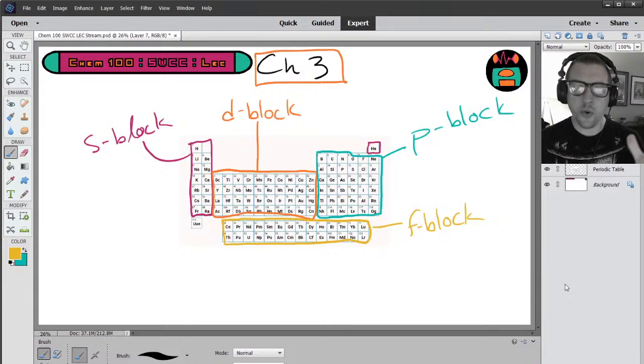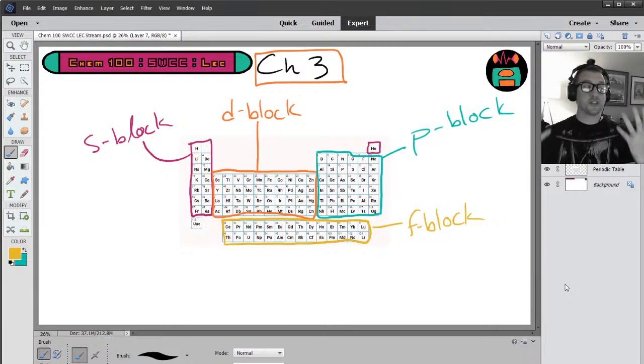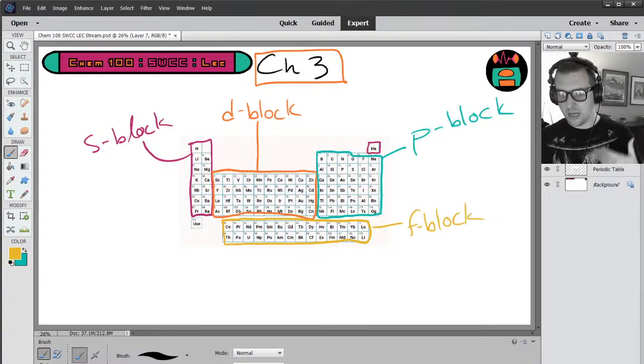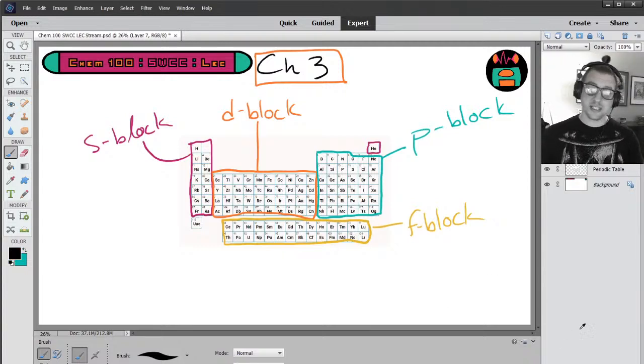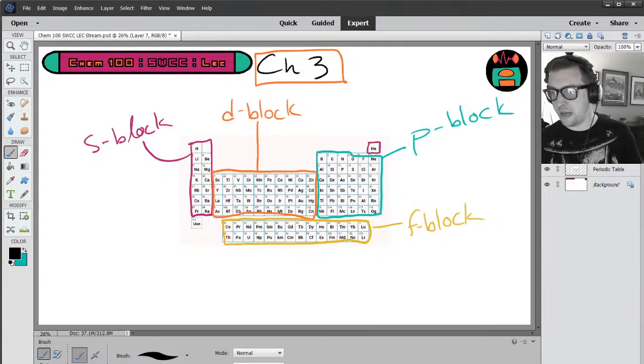These are things to know and be familiar with because this is nomenclature. These are names that we're going to be using, and knowing them will lubricate and facilitate our discussion of the topics ahead.